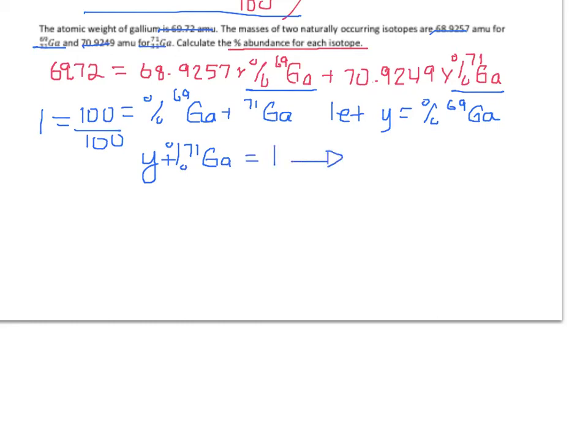Therefore the percentage of gallium 71 is equal to 1 minus y.